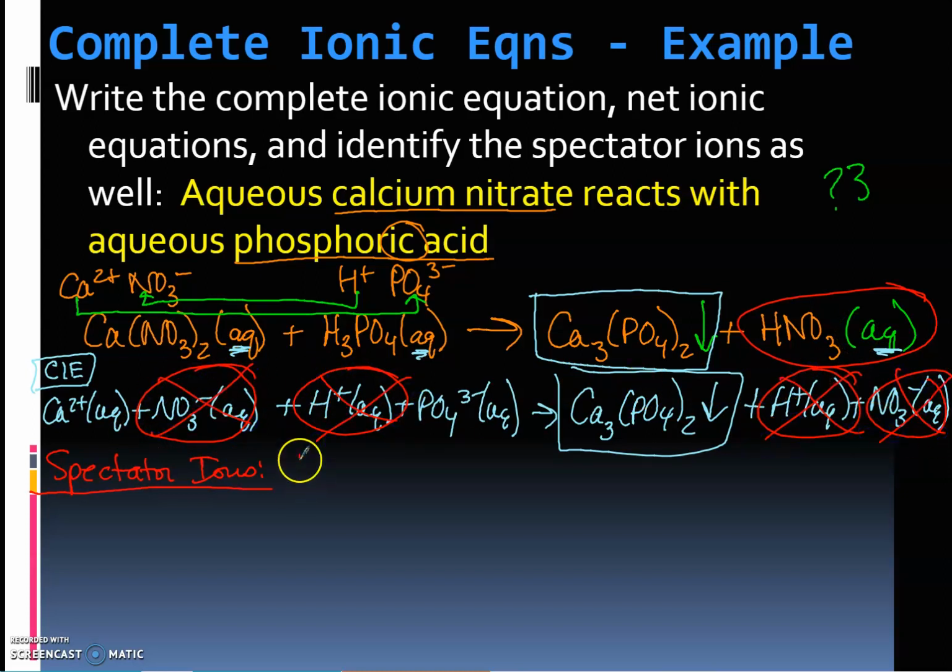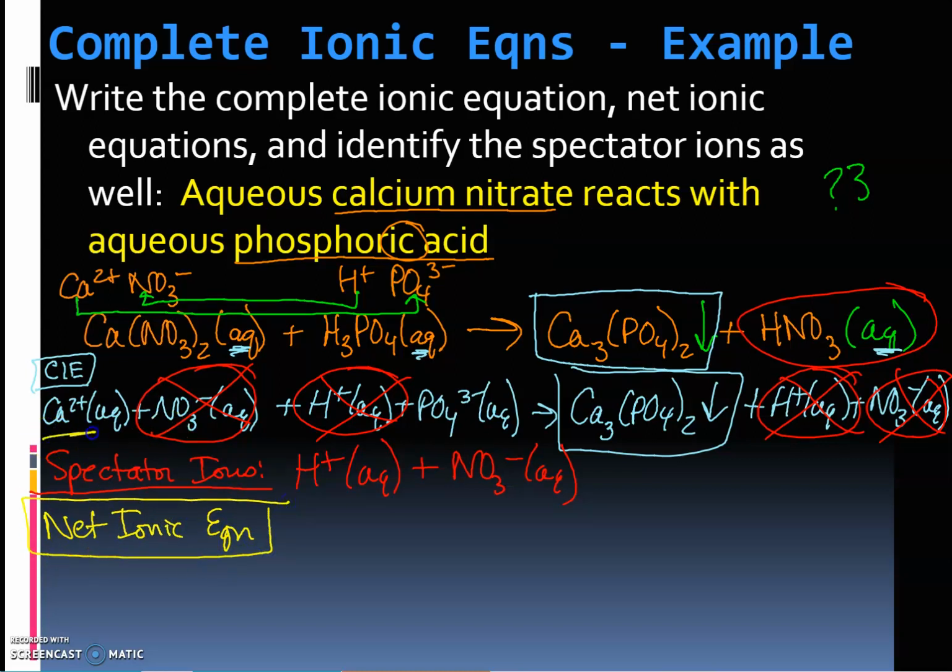Those are not going to be involved directly in the formation of your product. They're just mainly going to float around. And then that leaves your net ionic equation. So that is who is left over. All right, you have Ca2+ and PO4 3-, making Ca3(PO4)2 precipitate.